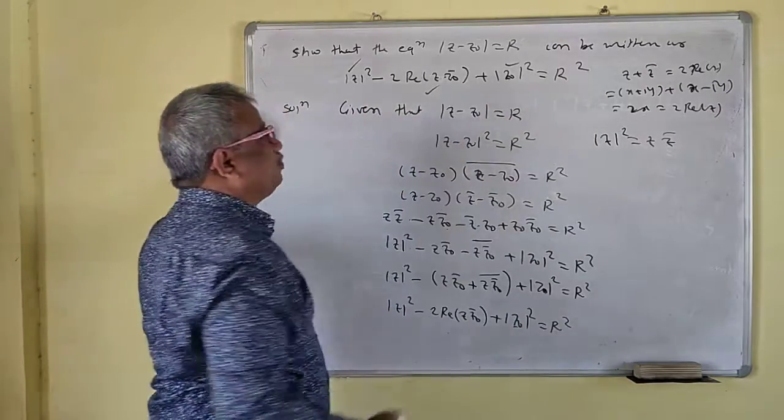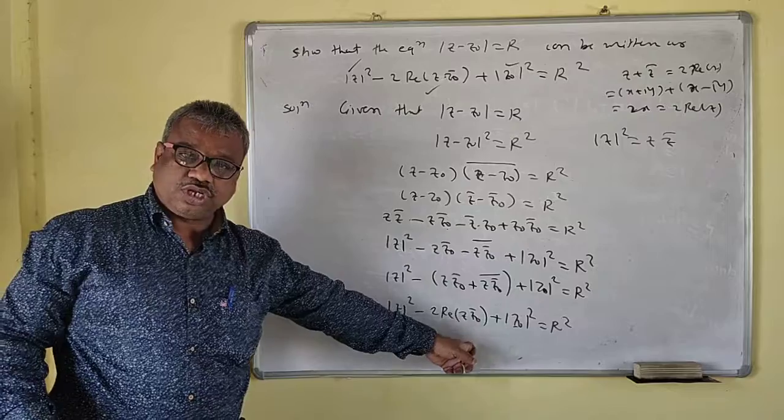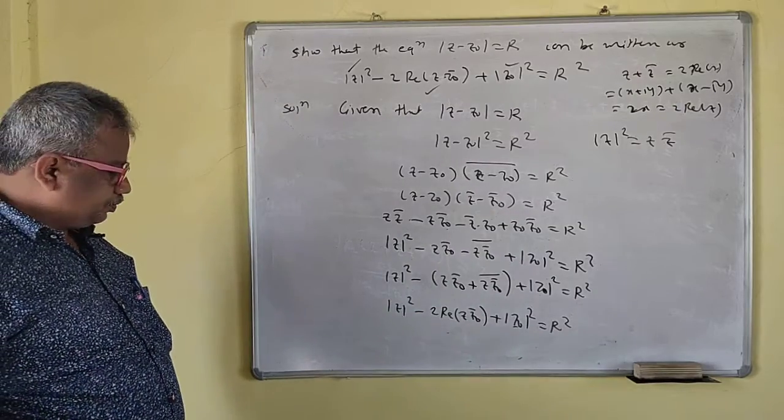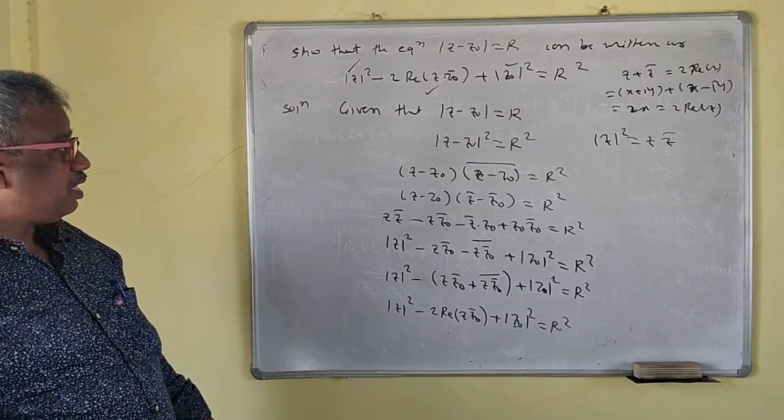See, we get this real part of z into z naught bar. Now see, it is very simple.